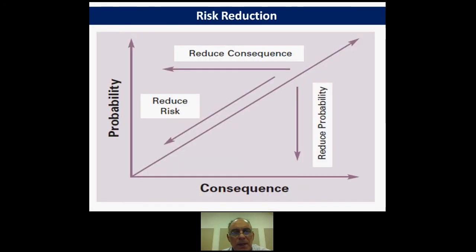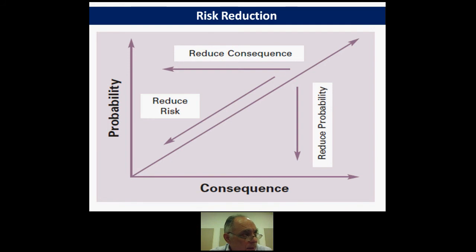This is again looking at what was mentioned before. If we have to reduce risk, if the risk is at an unacceptable level, looking at a high risk region, or is within the alarm region, as we mentioned earlier.